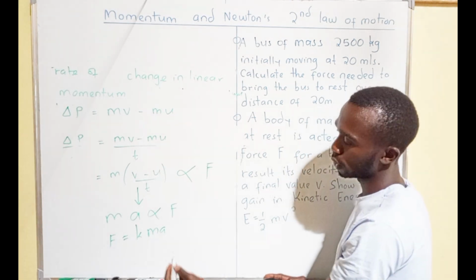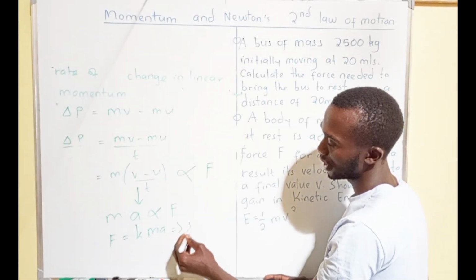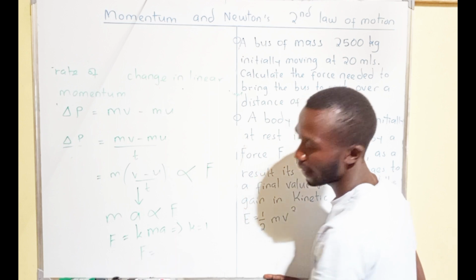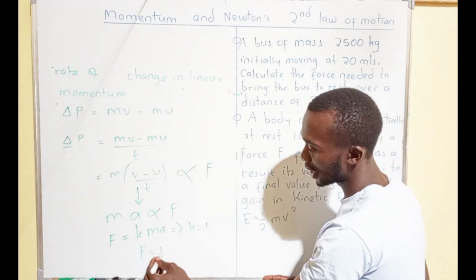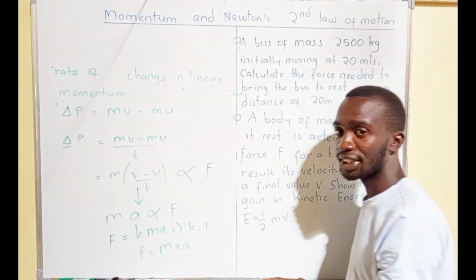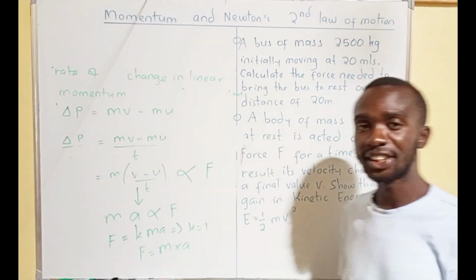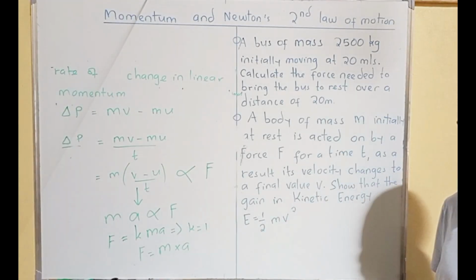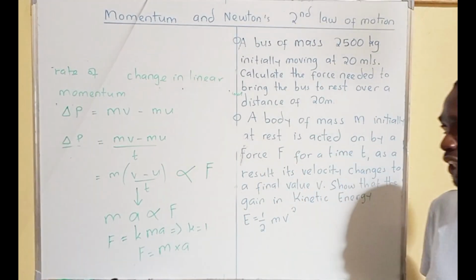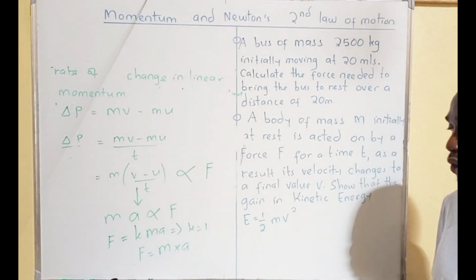But if K is equal to 1, the force is equal to the product of the mass of the given body and its acceleration. The product of mass and acceleration is equal to the resultant external force, which takes place in the same direction.